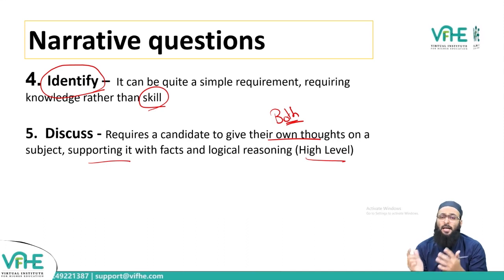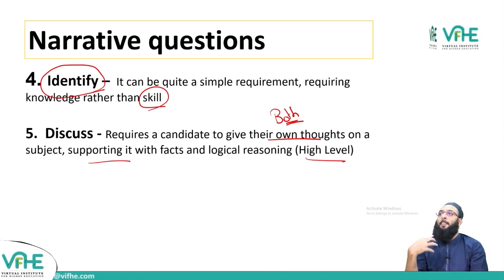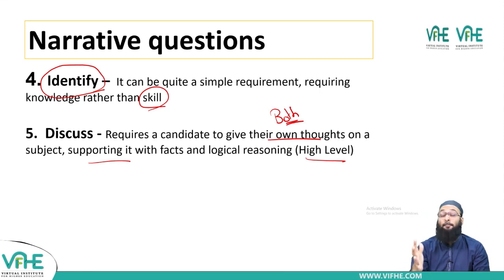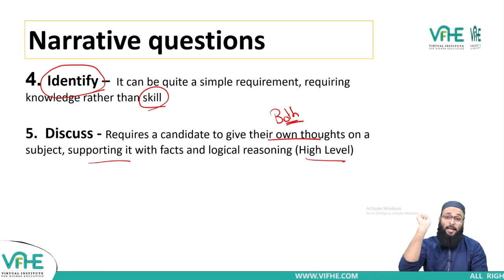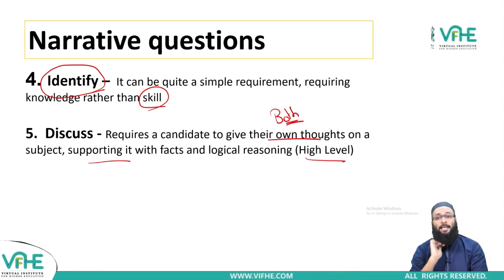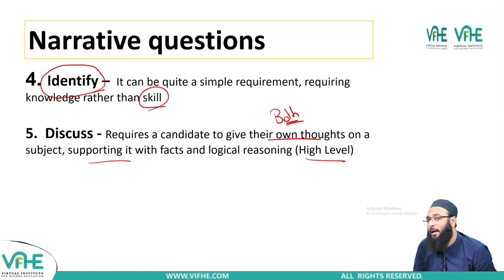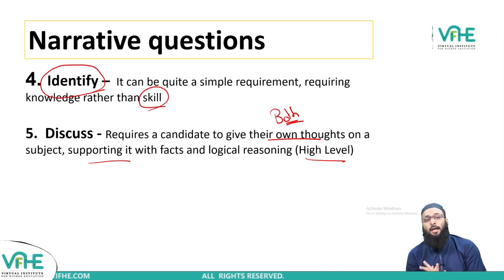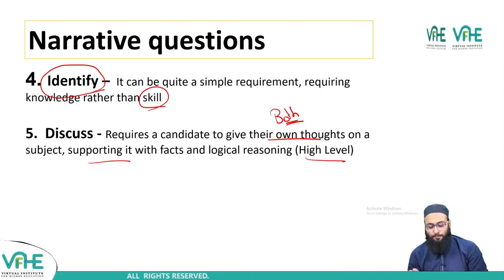So in case of discuss, you look at both sides of the argument and use your own thoughts with support of the scenario. As I said, link with the scenario, and this is a high-level verb as far as your examination is concerned.